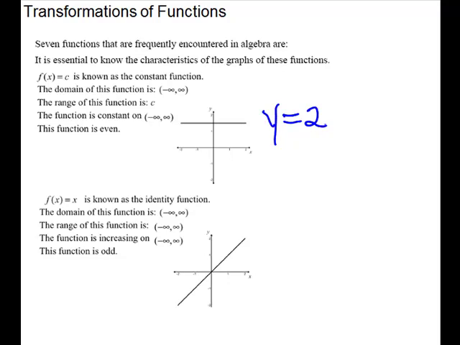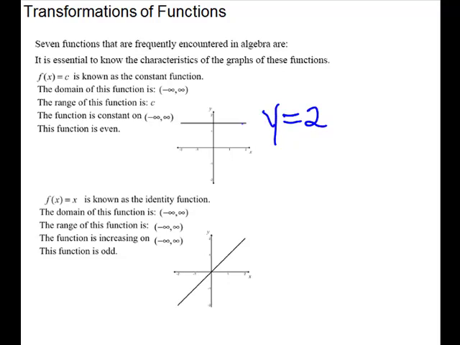You could figure them out from the graph. All right, domain, it goes from negative infinity because it goes forever this way to positive infinity. And it could be any horizontal line and be that. Your range is always just going to be this one value, right? That's the only y value that's allowed. So the range is 2 on this particular one.